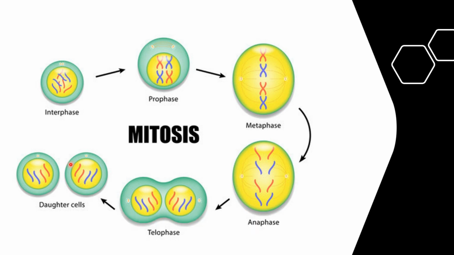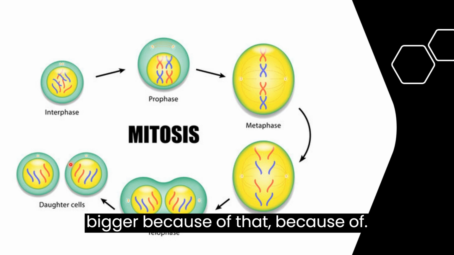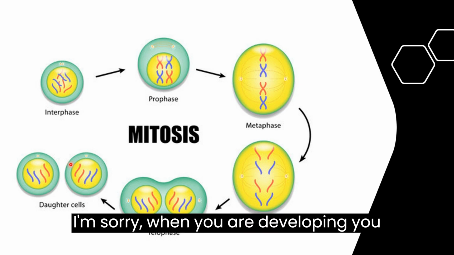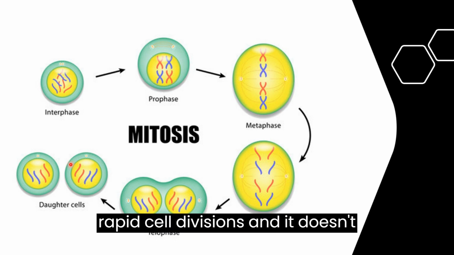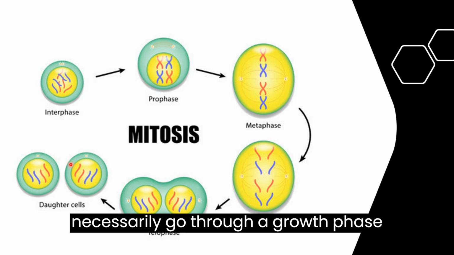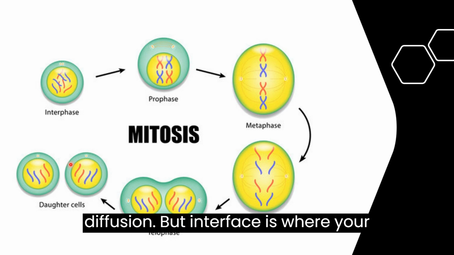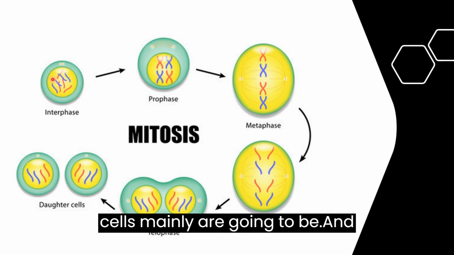When you fertilize the oocyte, the cells actually get bigger and bigger because of that. When you are developing, you have a giant cell and it goes through rapid cell divisions, and it doesn't necessarily go through a growth phase because you need the cells to get smaller because of osmosis and diffusion. But interphase is where your cells mainly are going to be.